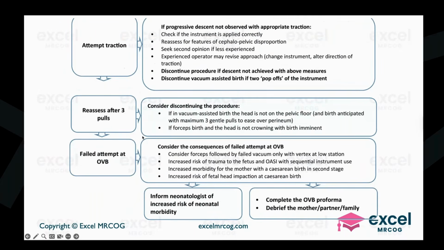If progressive descent was occurring in second stage, here also the same thing: progressive descent with the pulls. Check the instrument, check for CPD, take an opinion if at all. An experienced operator may revise, like change the instrument or alter the direction.